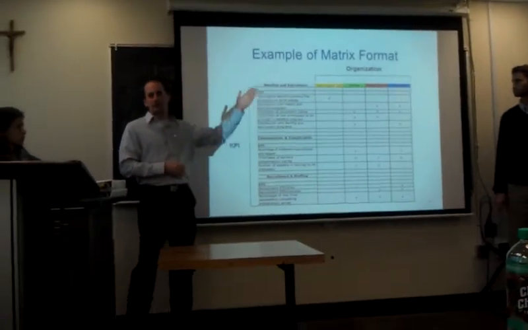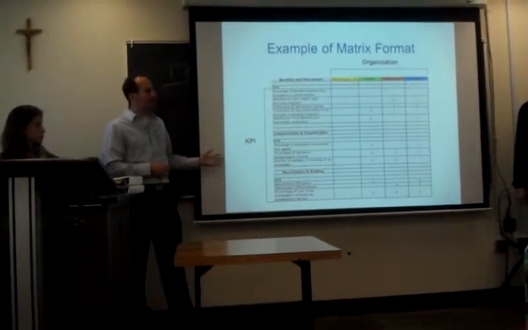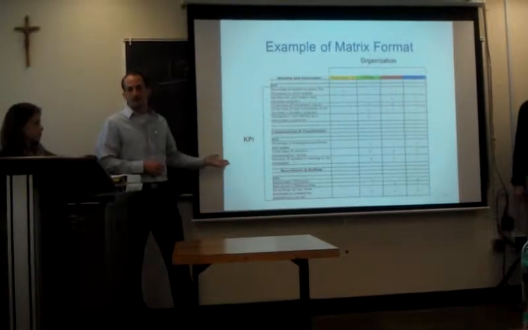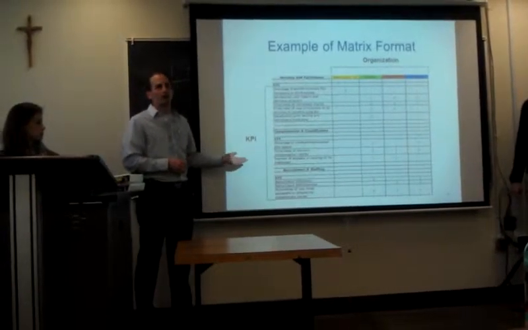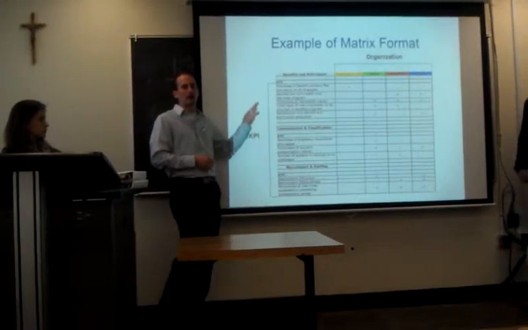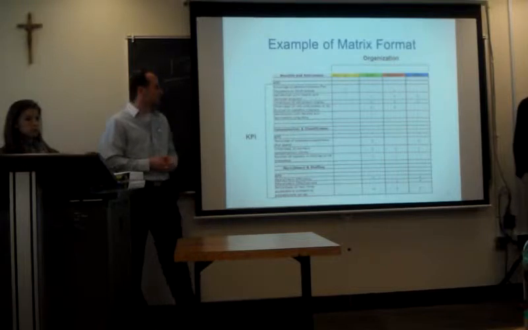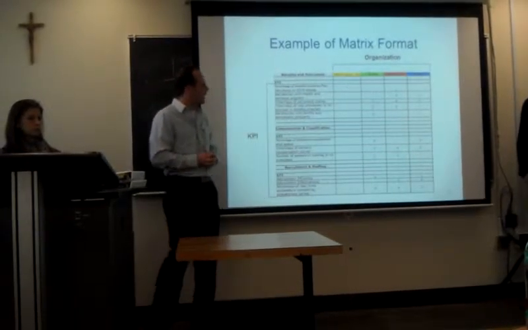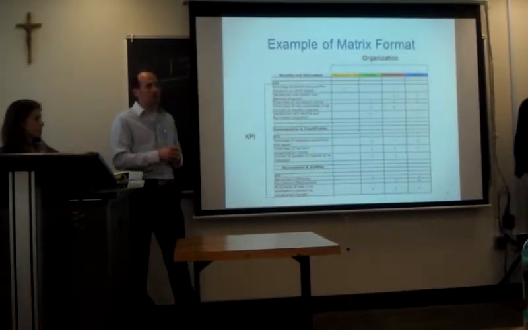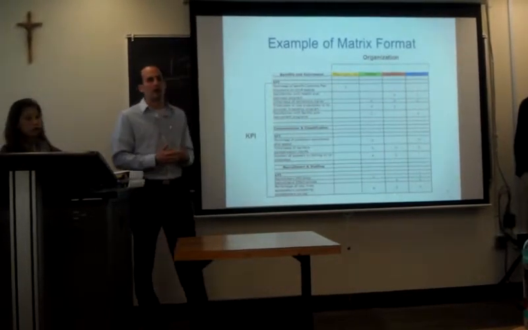We have the organizations that we were researching across the top. Down the left-hand side, we had listed the divisions of the human resources function and then the KPIs we found within each of those divisions in different organizations, and where those cells intersect, we would make a check mark where an organization used a particular KPI.